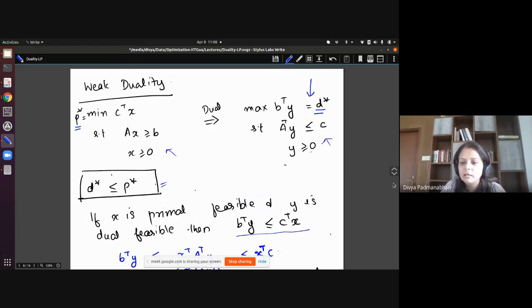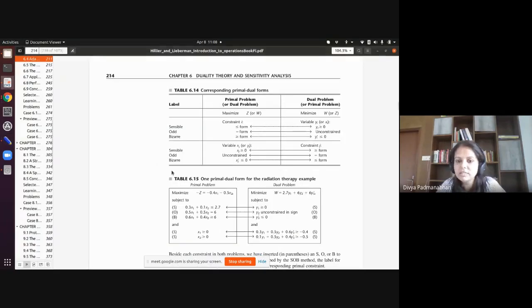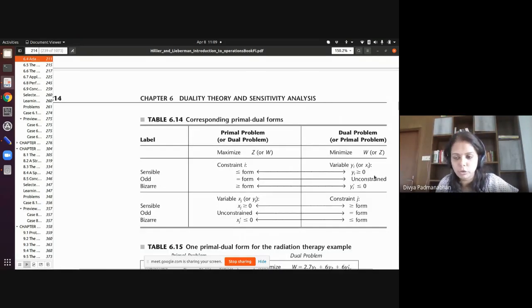In general, for writing the dual, one reference is the Lieberman book. They have everything written out as a table. Each constraint in the primal form corresponds to a variable in the dual.